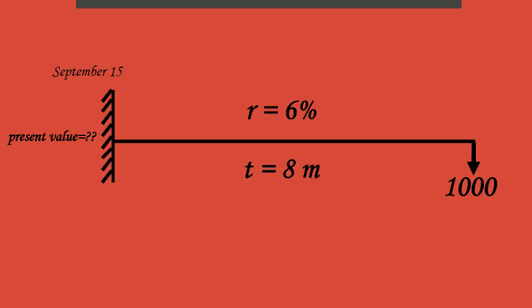In this timeline, she wanted to have $1,000 after 8 months, so the total time here equal 8 months. By using a rate of 6%, what she can invest now, on September 15, to have $1,000 after 8 months with 6% interest.